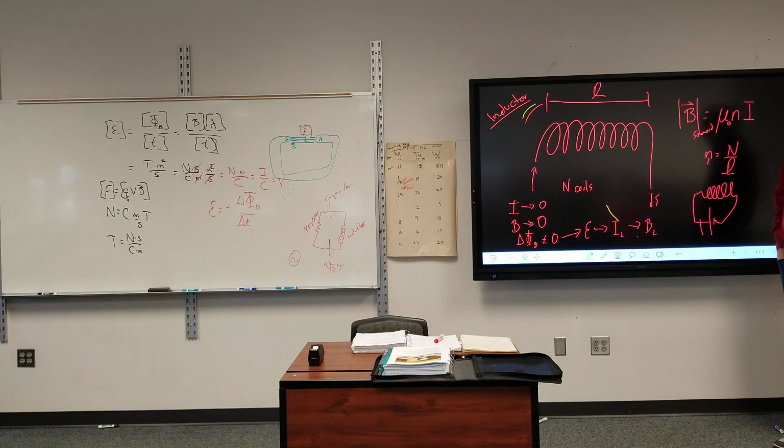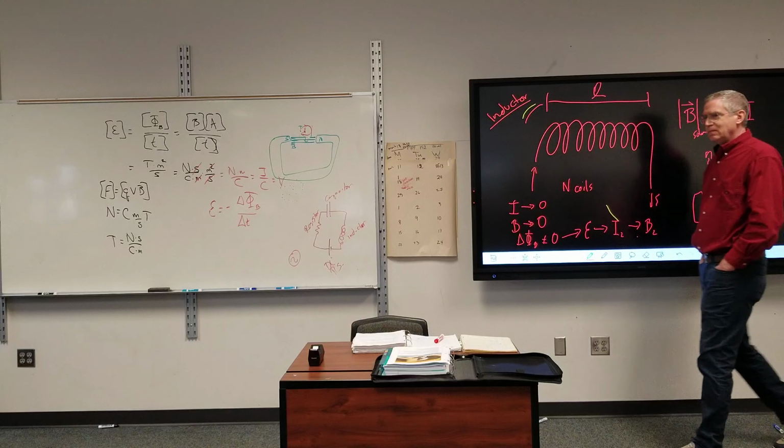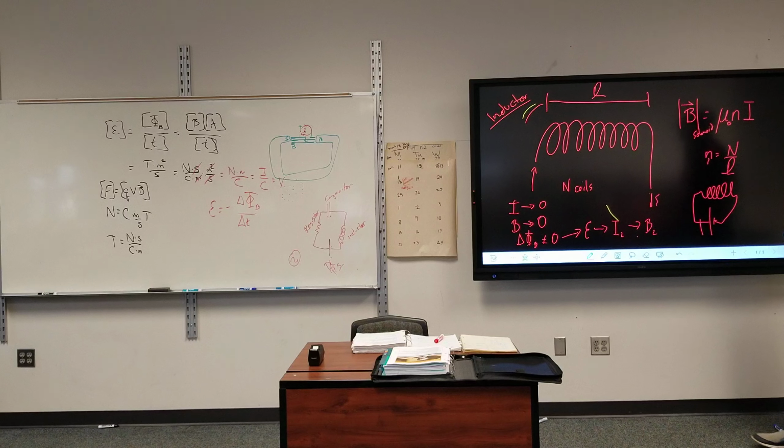All right, questions here? Is there going to be a situation where the magnetic flux is zero? Or does that just happen at the very beginning when nothing's happening? Magnetic flux is zero if the area is zero or the magnetic field is zero.